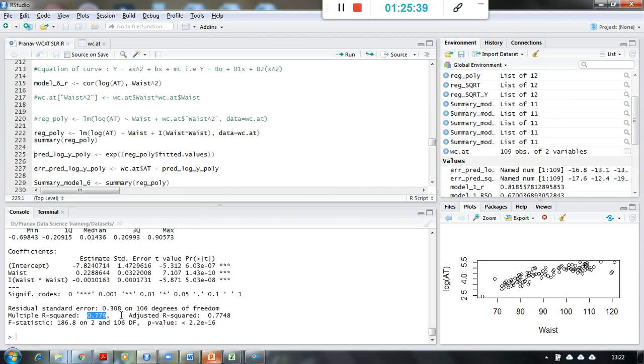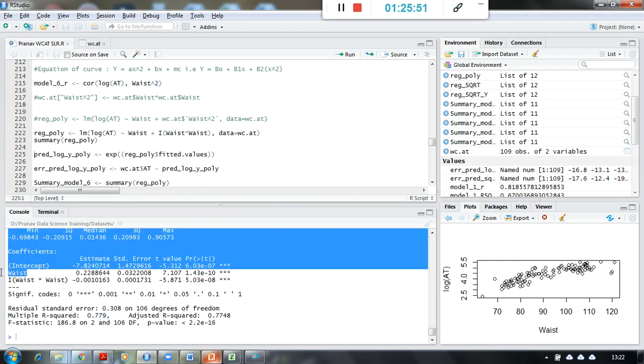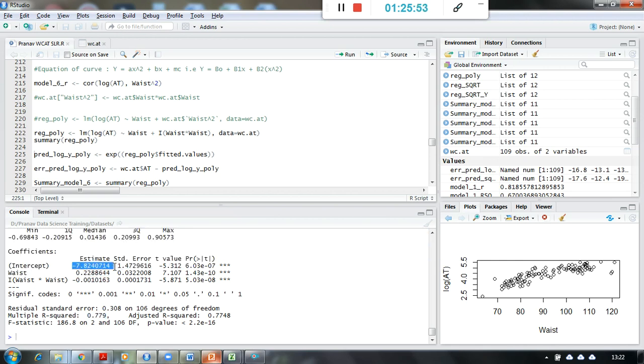The R square has jumped to 0.779, almost close to 0.80, right? So this beta 1 is for west. This is going to be my beta naught, and this is going to be my beta 2, which will be multiplied with west square, to form the equation.